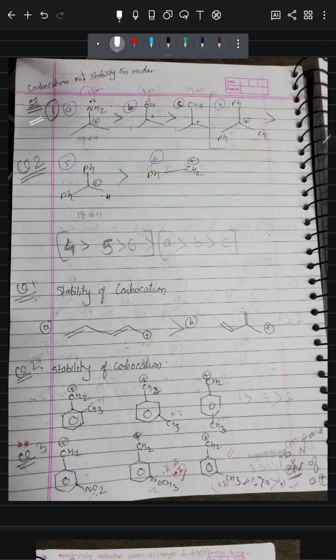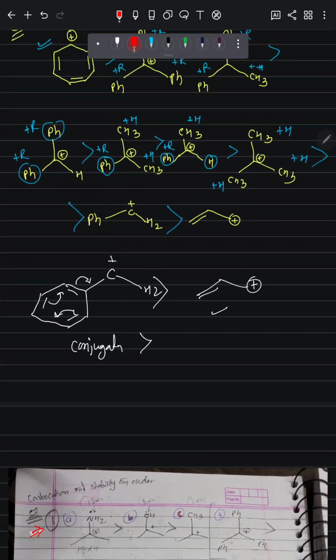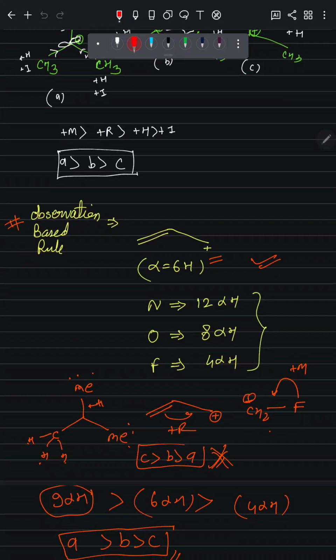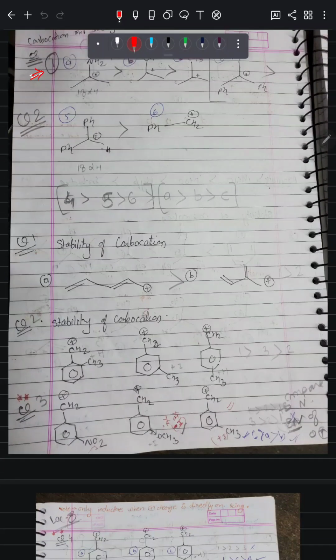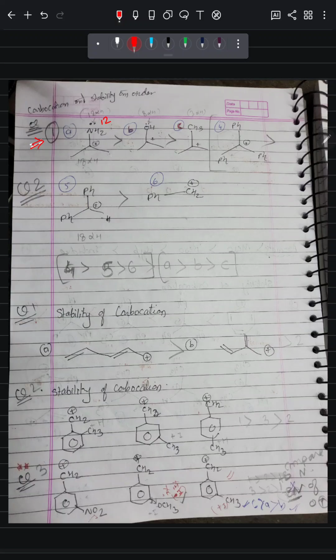Let's check this example first. According to this example, one NH2 group is attached, so let's count the alpha hydrogens here. According to the rule that we observed, 12 alpha hydrogens are present for nitrogen, so 12 from here and 3 from here and 3 from here, so a total of 18 alpha hydrogens is present here.